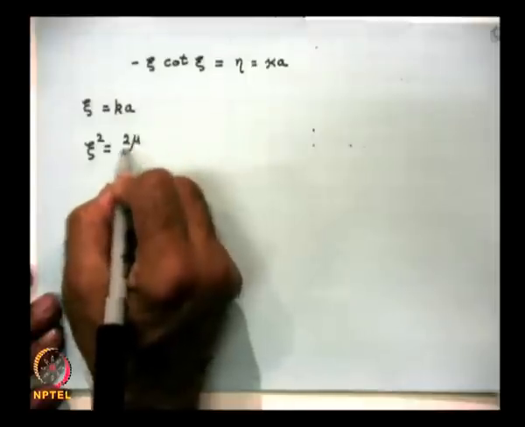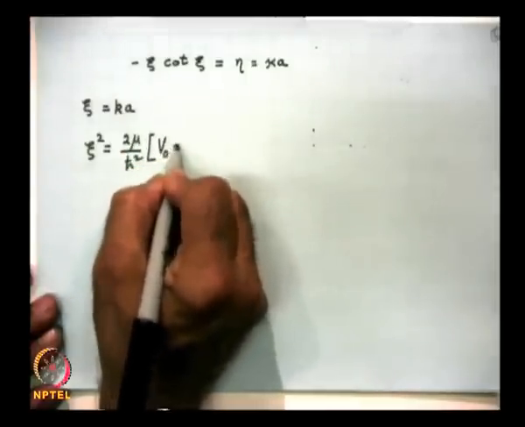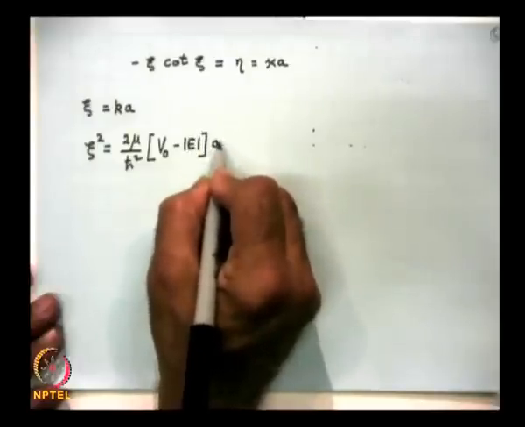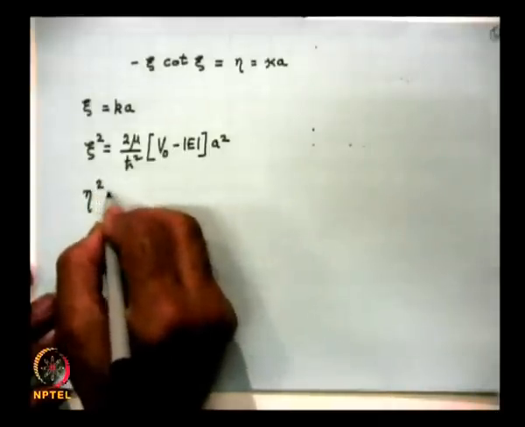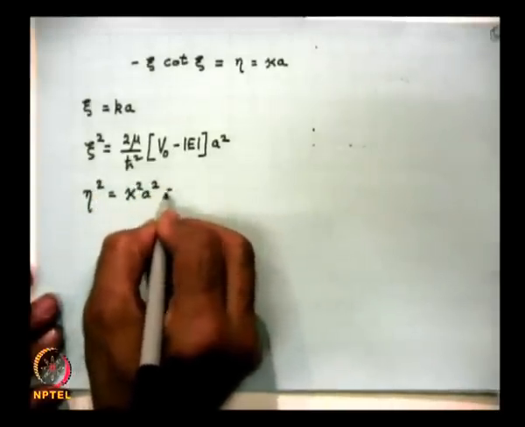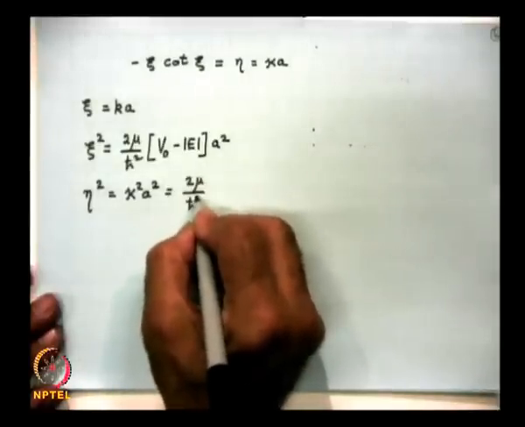So, 2 mu by h cross square times V 0 minus mod of E, A square, and eta square was equal to kappa square A square. So, this will be equal to 2 mu by h cross square.